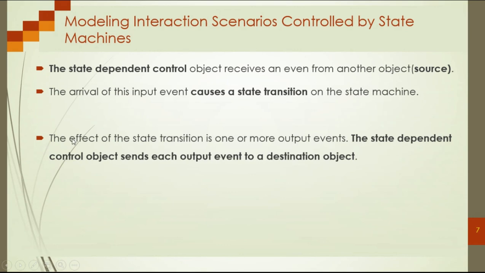This will also result in some events, and these events will be sent to the state dependent control object, and the state dependent control object in the state dependent model will send this result to the destination, to another object in the state dependent interaction model.